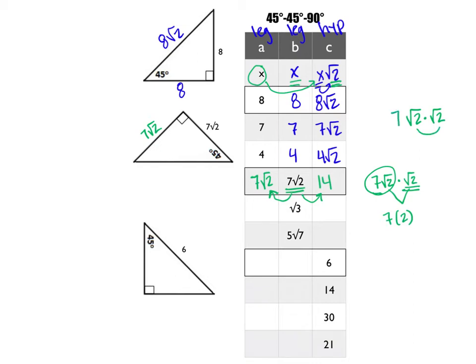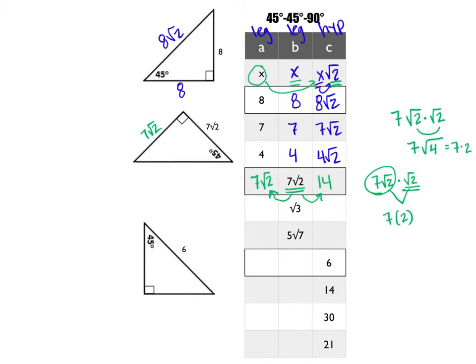If you have a number not inside the radical, it's just going to stay where it is. So if I leave the 7 where it is, and I multiply the square root of 2 times the square root of 2, another way to think about it is I would get the square root of 4, and you should know that the square root of 4 is 2.